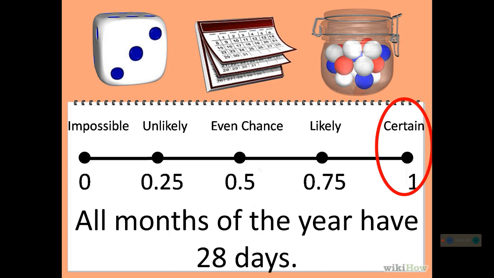No, all the months from January to December have 28 days. But if the statement says a month of the year has exactly 28 days, that is just February. Since we have here all months of the year have 28 days, that's why you have certain.